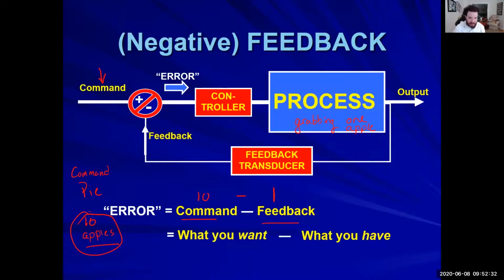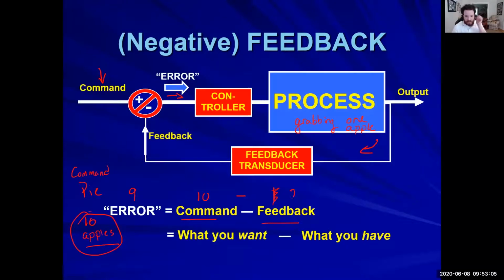You start back up, go into your feedback, and your error is going to be 9 apples. So instead of 10 apples going into the process, you have only 9. But your process still only allows you to grab one apple at a time. So the next time you come through, you have 2 apples.